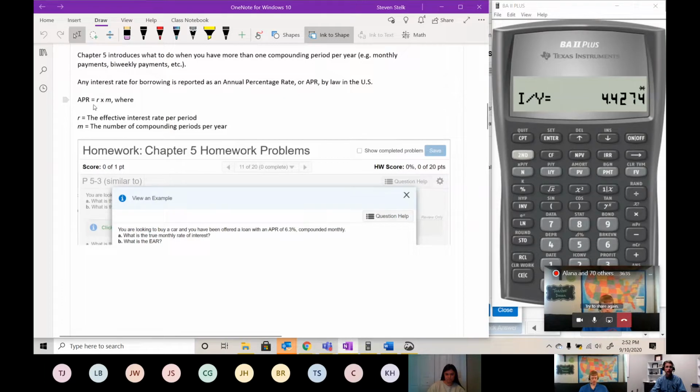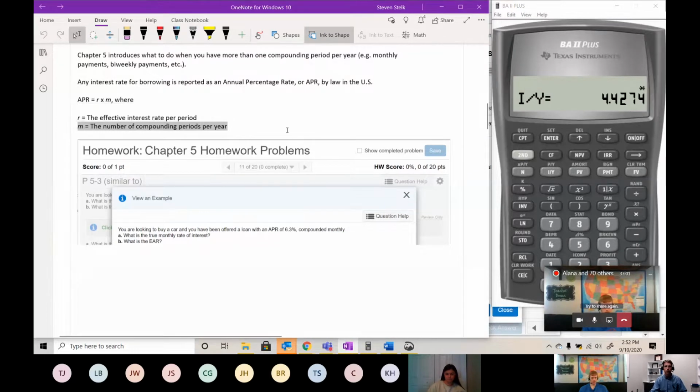It's defined as R times M, where R stands for the effective interest rate per period. So if it's monthly payments, that means the monthly effective interest rate. And M, as in Mike, stands for the number of compounding periods per year. So if we have a loan that requires monthly payments, then there are 12 compounding periods per year.